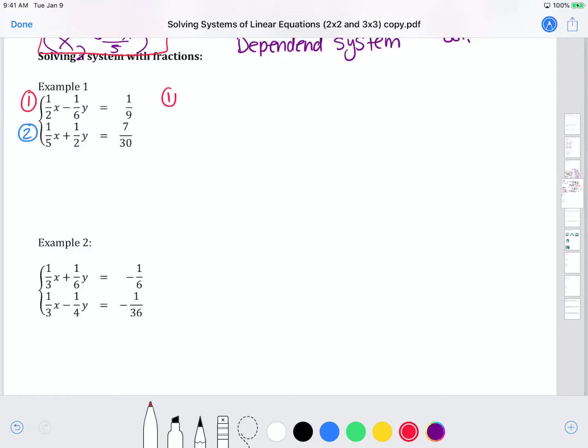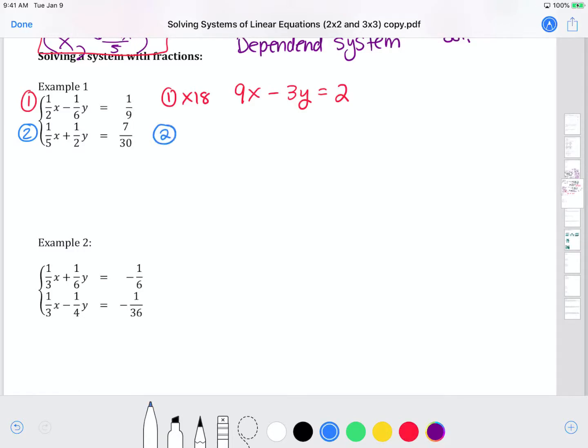So I'm going to take equation 1 and multiply by 18. When I multiply 1/2 x by 18, that's going to give me a 9x. When I multiply negative 1/6 y by 18, that's going to give me a minus 3y. And when I multiply 1/9 by 18, that's going to give me a 2. So I just cleared the fractions.